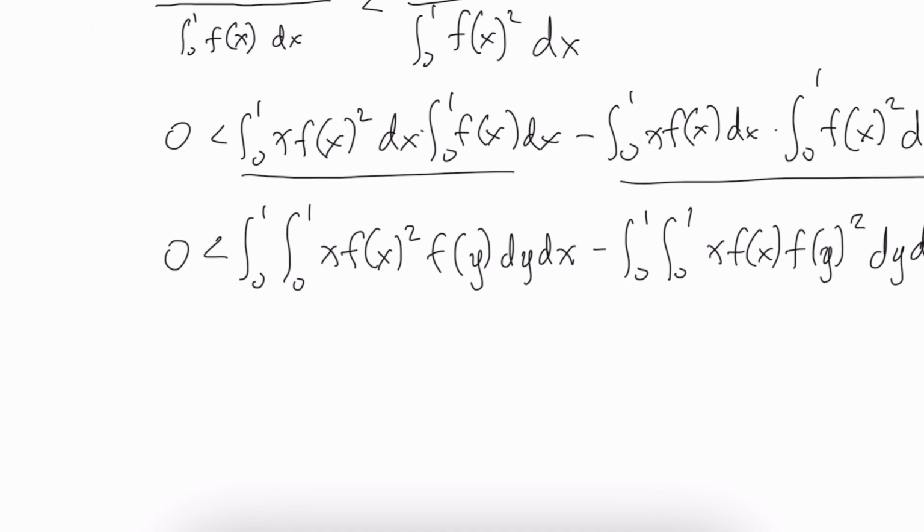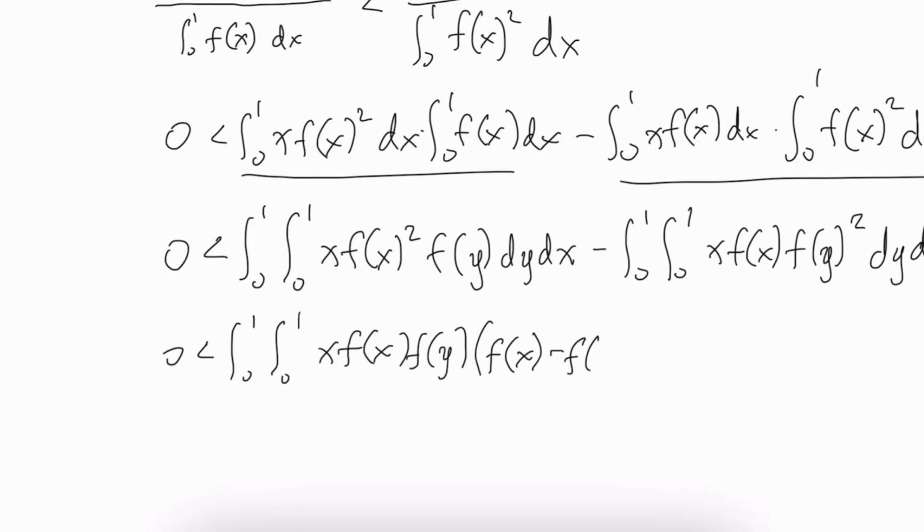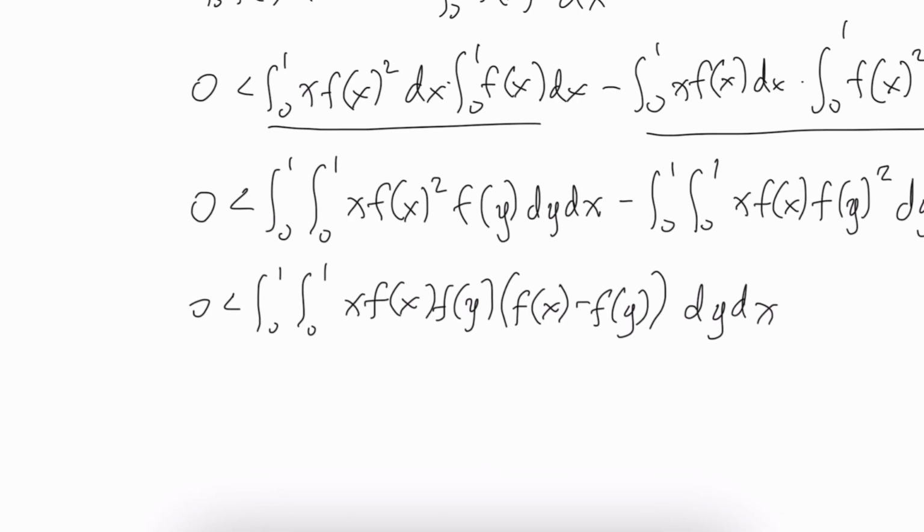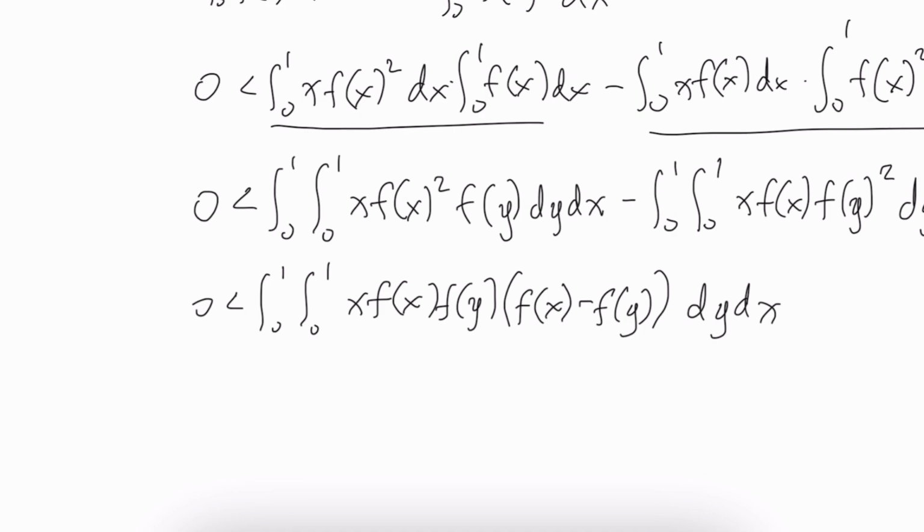And so combining them and factoring, we have that 0 is less than the integral of x times f of x times f of y times f of x minus f of y dy dx.